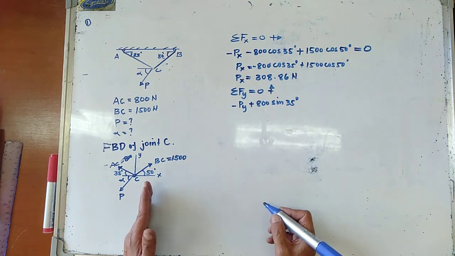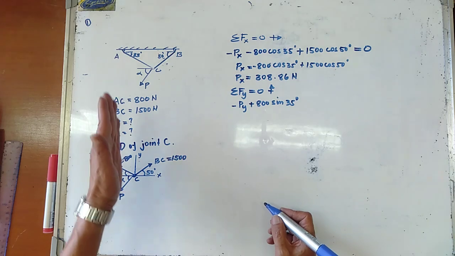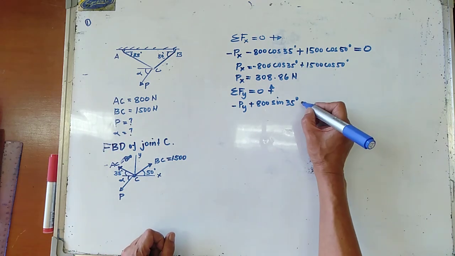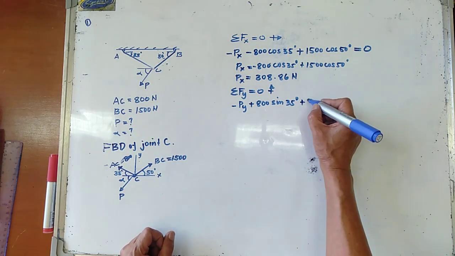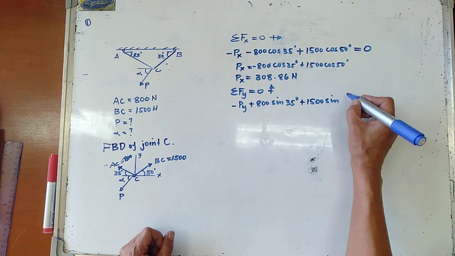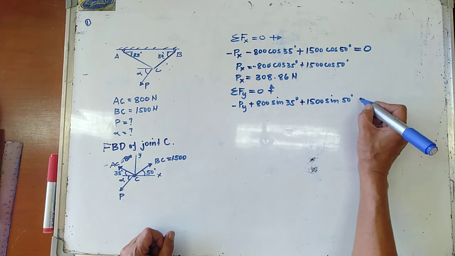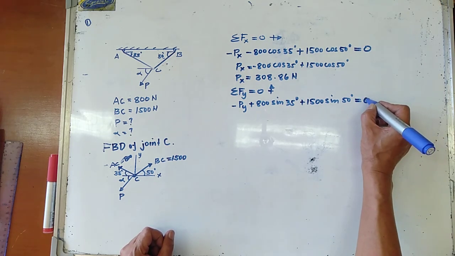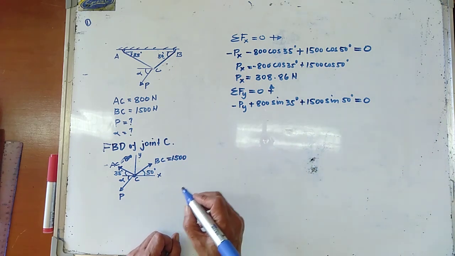And the component of BC in the y-axis is going up, so we have plus 1,500 sine of 50 degrees, and this is equal to 0.